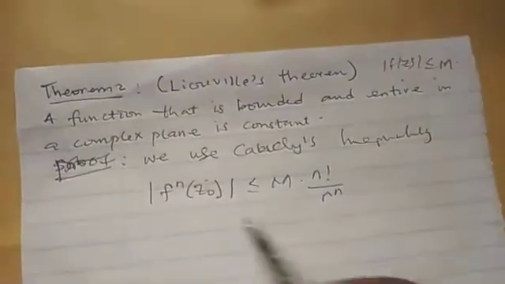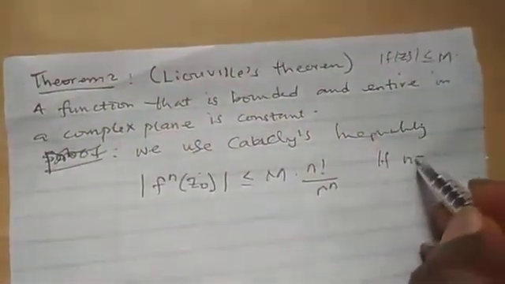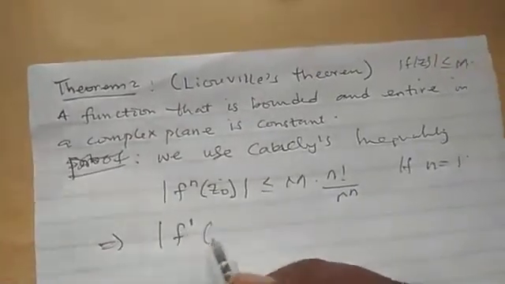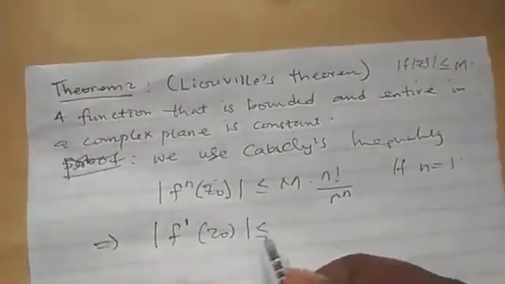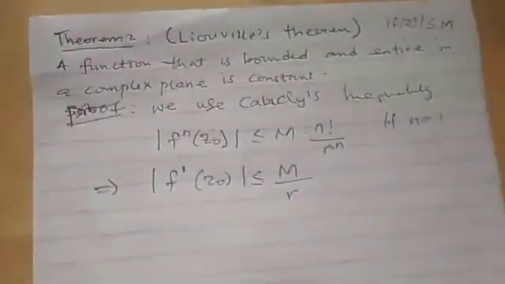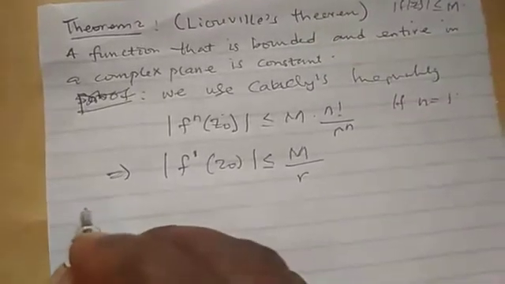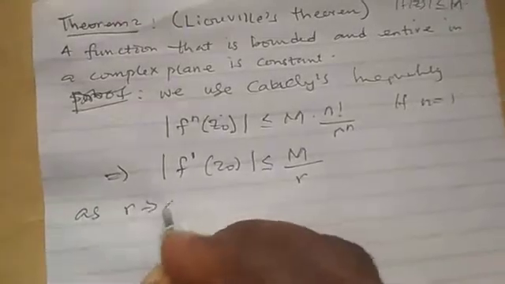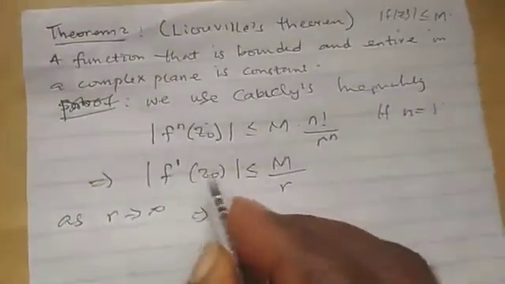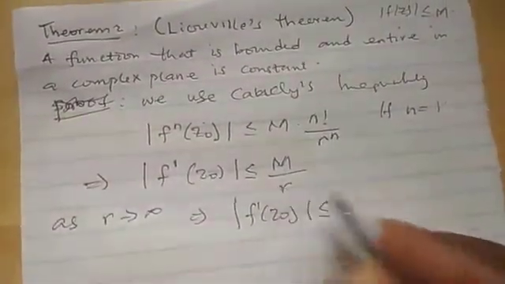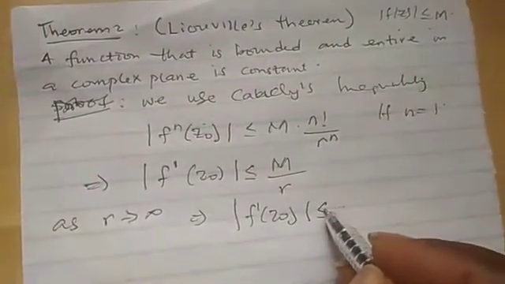So that means if n is 1, we can simply have |f′(z₀)| less than or equal to M over r. Now, let's take r tending to infinity. As r tends to infinity, what we are going to have is |f′(z₀)| less than M over infinity, which tends to 0.